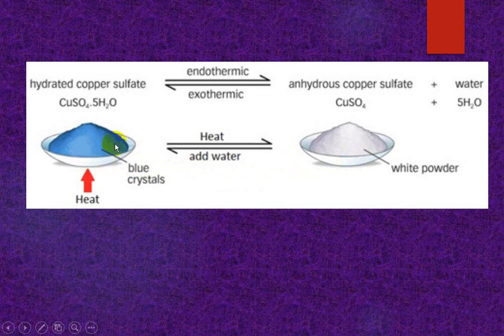So when heat is absorbed, it is an endothermic reaction, and hydrated copper sulfate becomes anhydrous copper sulfate. When heat is released, it is an exothermic reaction, and anhydrous copper sulfate becomes hydrated copper sulfate.